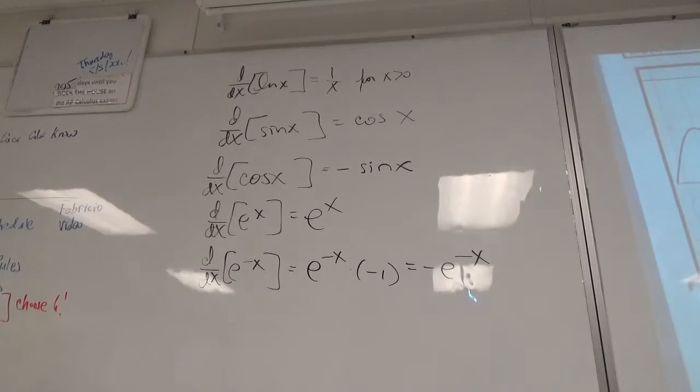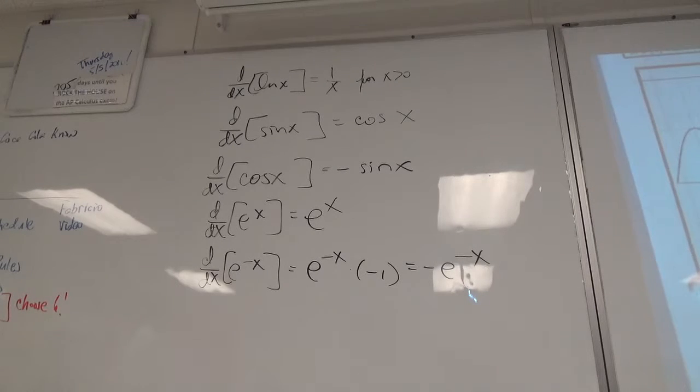Without looking, what's the derivative of sine of x? Cosine of x. Don't just say cosine, cosine of x. Derivative of e to the x? E to the x. Derivative of natural log of x? 1 over x. Yes, that was 11 minutes ago.